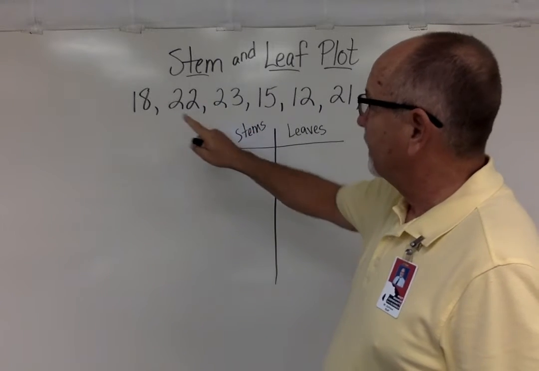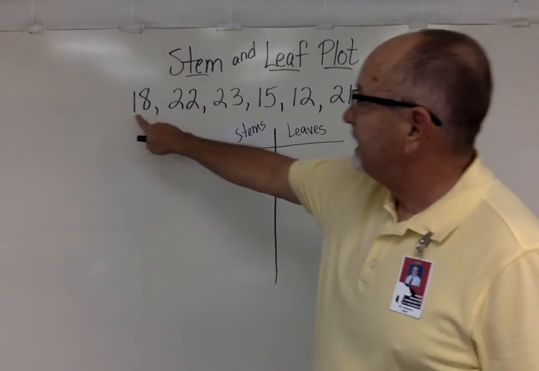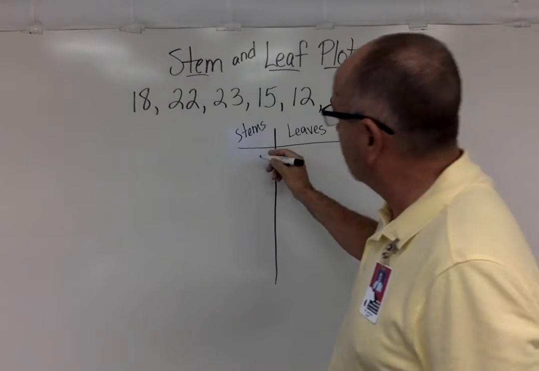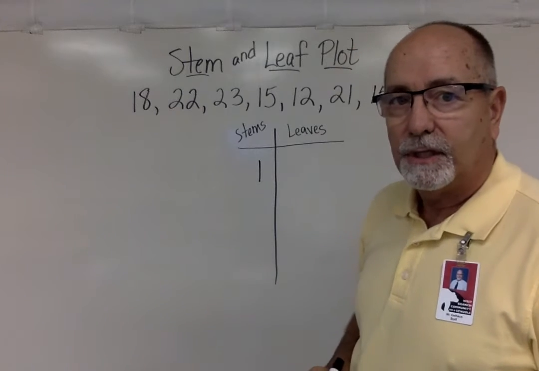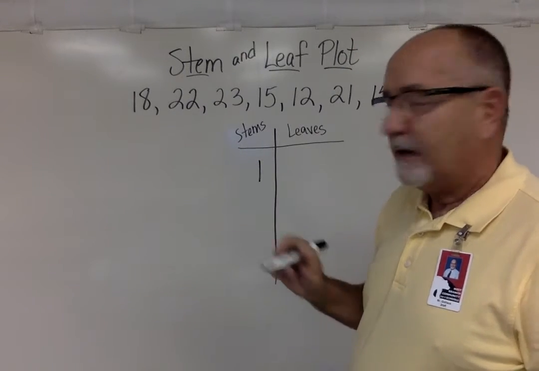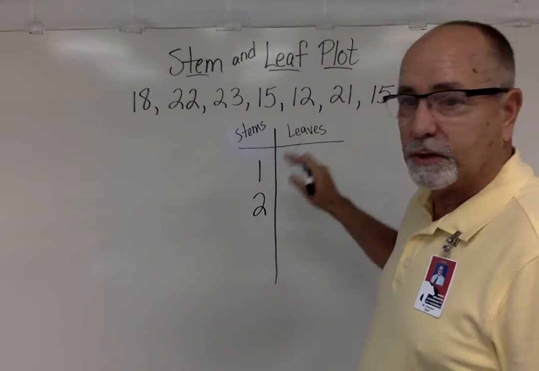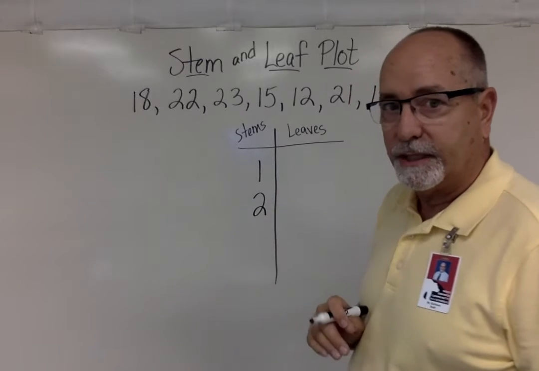Well, is there any single digit numbers here? No. So the teens would be my first stem. I see some teen numbers, so that's my first stem. And then we said there were 20s. Are there any 30s? No. So it's going to be 1 and 2 as my stems.